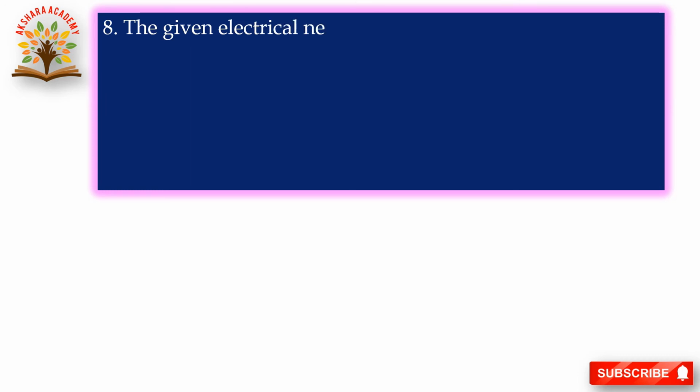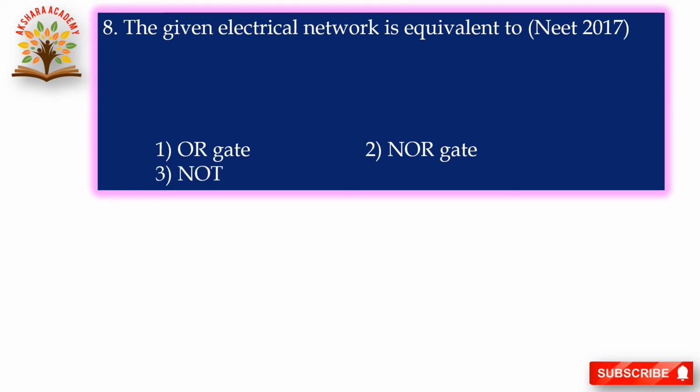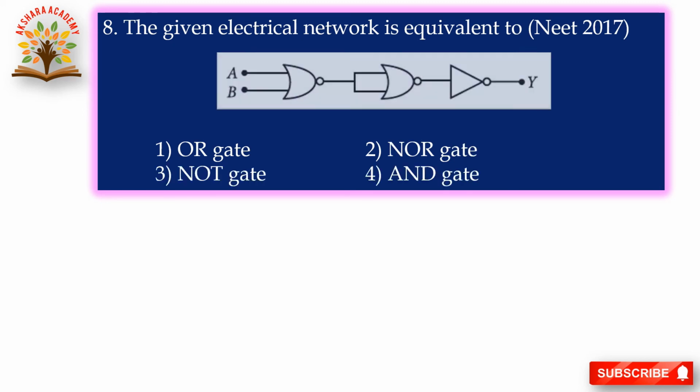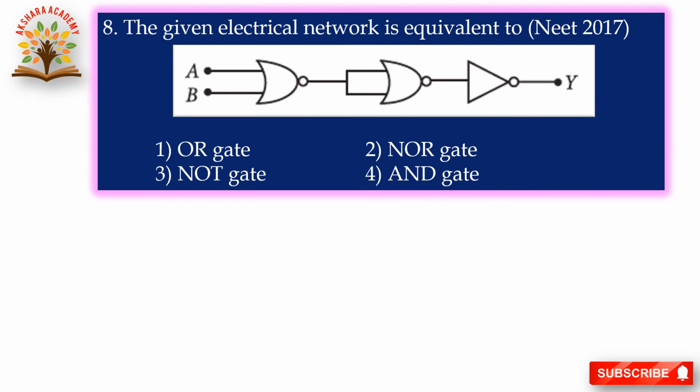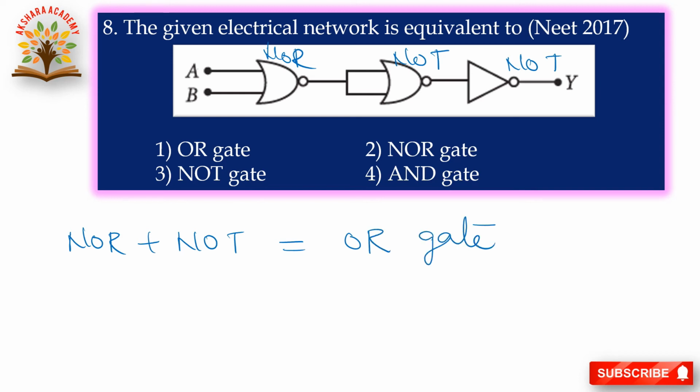The given electrical network is equivalent to, so this is the electrical network with inputs A and B, and this is a NOR gate, here NOT, and here also NOT. So here NOR plus NOT gives OR gate, and OR gate plus NOT is equal to NOR gate.